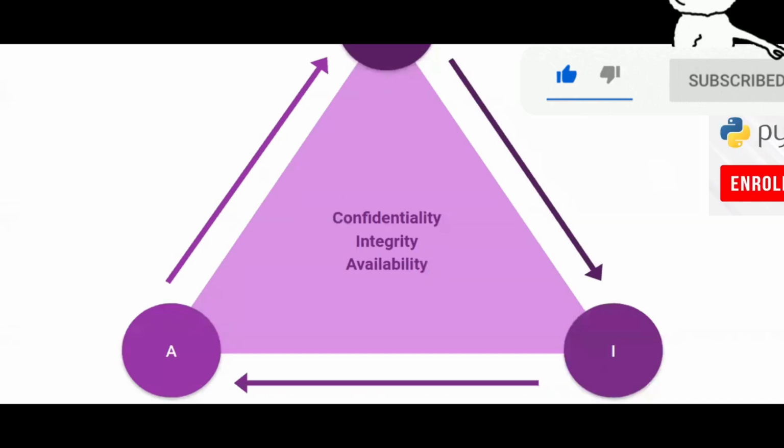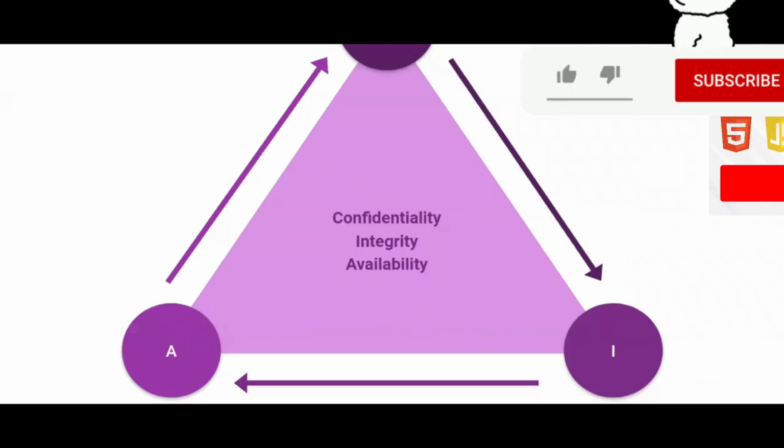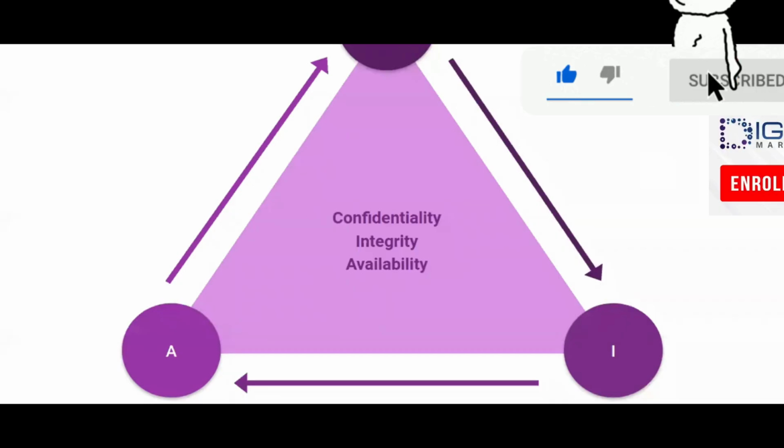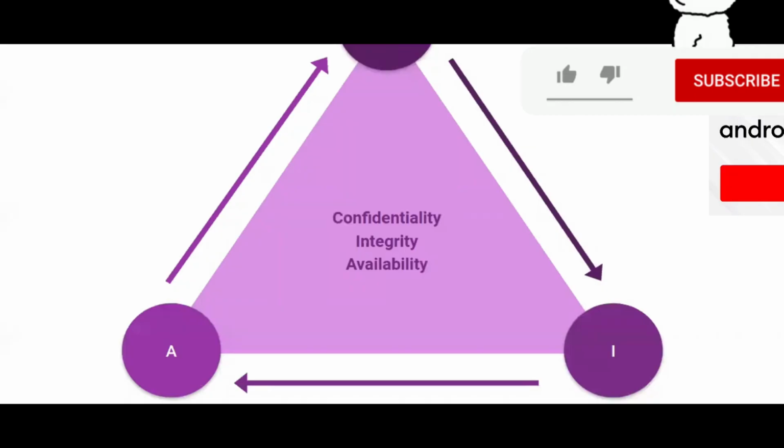Say there are two people interacting, either on the internet or a chat, or personally, and they find that there's a particular information which needs to be kept secret and it should not be told to others. Then that particular information is said to be confidential.